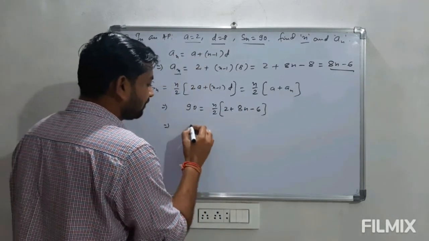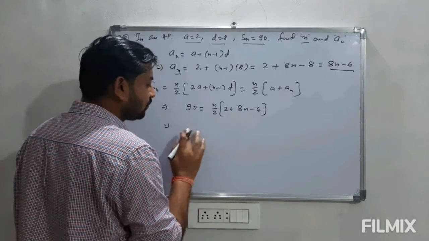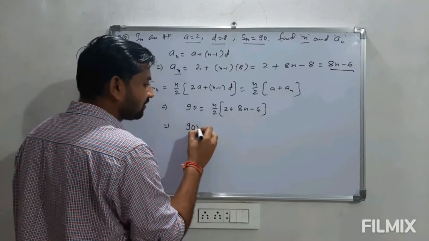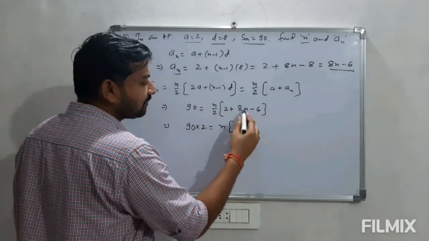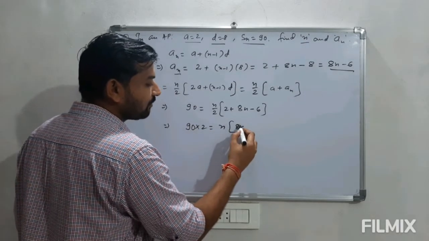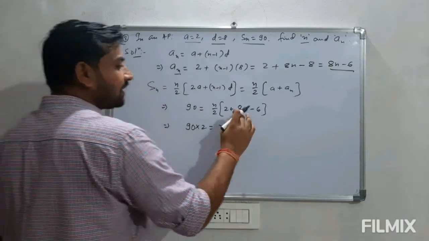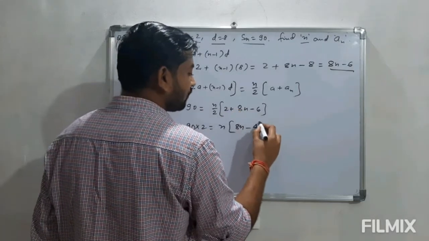Now this 2 we can bring to LHS, so it will come in multiplication. Now n is multiplied with, when we simplify this bracket, 8n minus 4.